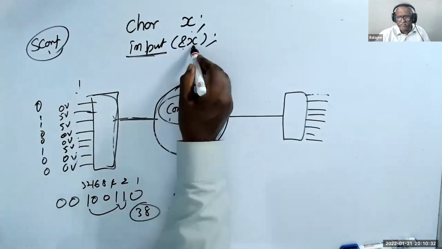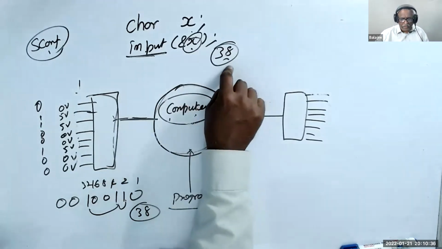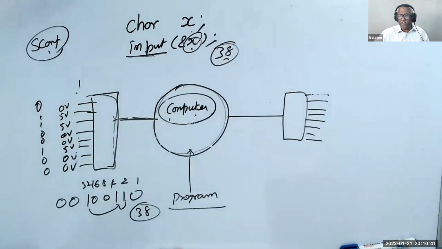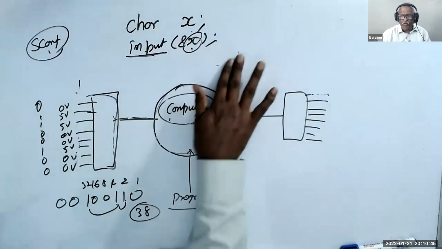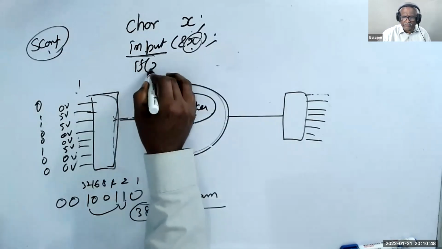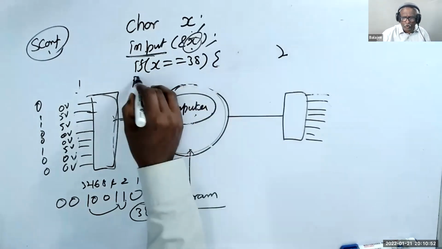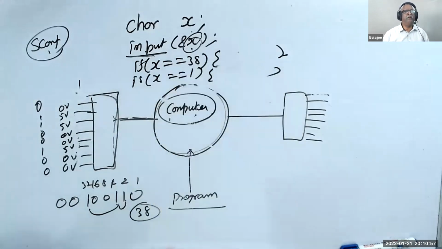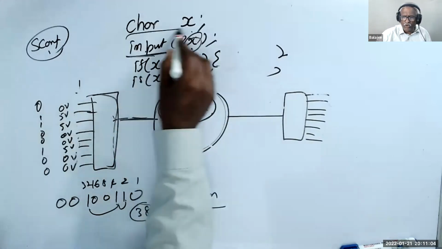I get 38 in X. Every number gets a unique combination of pins. From that, you will write a program: if X is equal to 38, do that; if X is equal to 1, do that. Ultimately, in embedded, everything is controlled by your program. This statement will give you only the read.